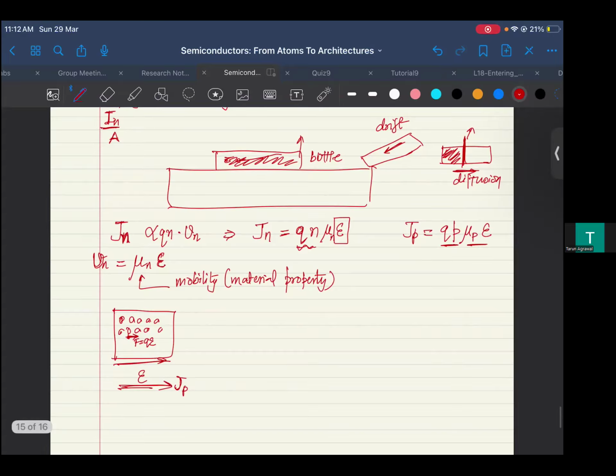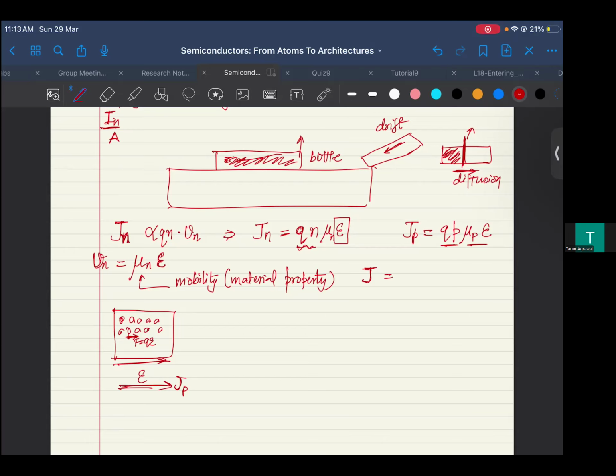So now let's look at the other case. These are the two equations. Based on that, there is one equation, which is the total current, because we know that in a semiconductor, both of them could be present. We saw that in the example of generation, when we shine light, both electrons and holes are created at the same time. Similar to what we talked about when discussing what a semiconductor is: when we apply temperature, electrons and holes are both created. One is going from floor 0 to floor 1, right?